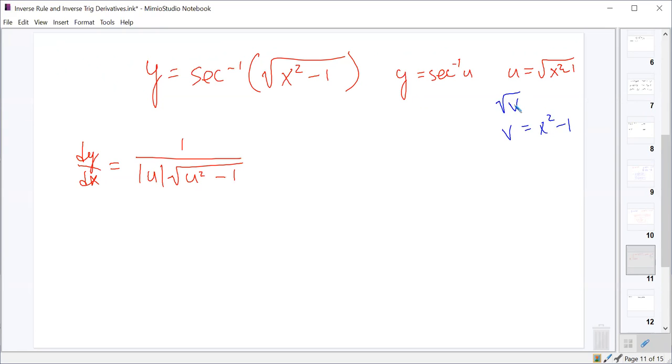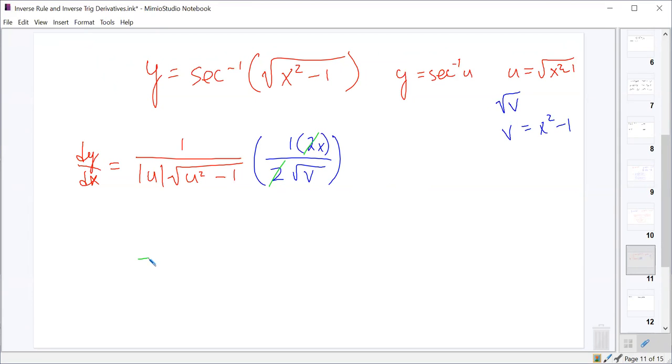So what's the square root of v's derivative? 1 over 2 root v. And what's the derivative of v? It should be 2x. Now we'll just substitute everything and cancel some like terms. So cancel the 2's.